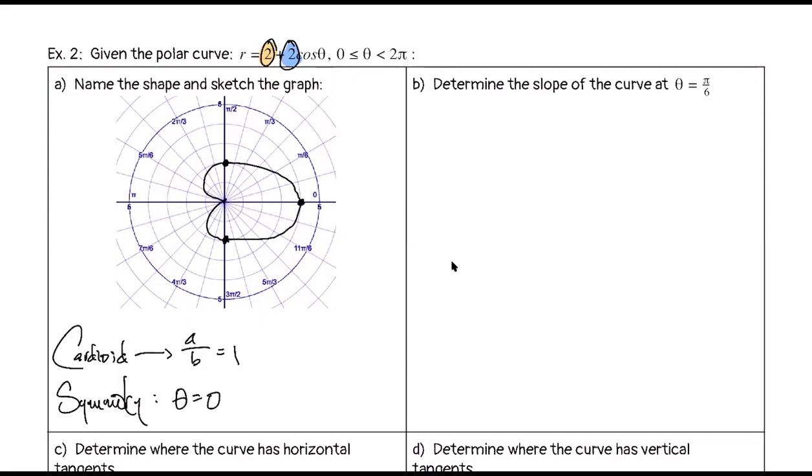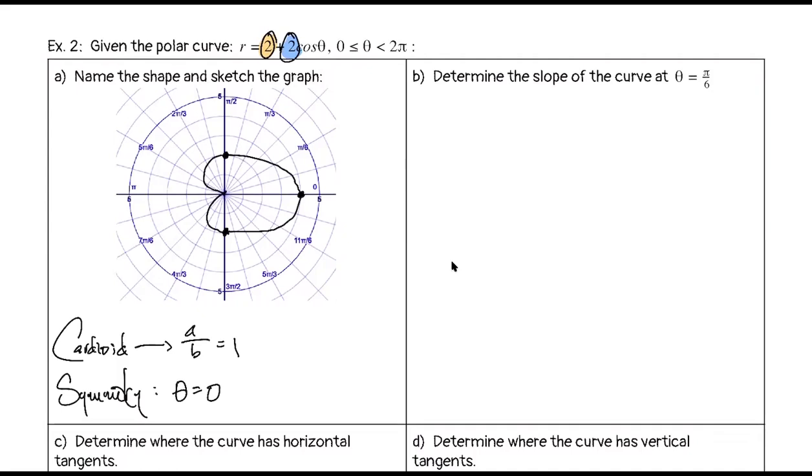All right. So then part B says determine the slope of the curve at theta equals pi over 6. All right. So we're going to go ahead and write out our formula. I know I have dr d theta as the first term. So that's going to give me negative 2 sine theta.